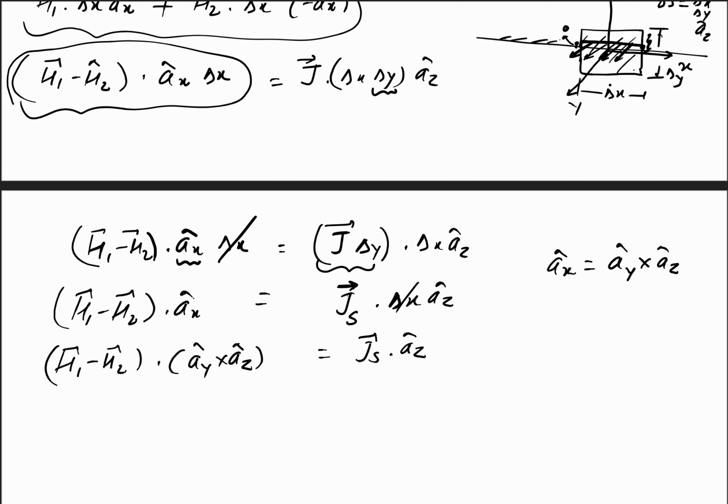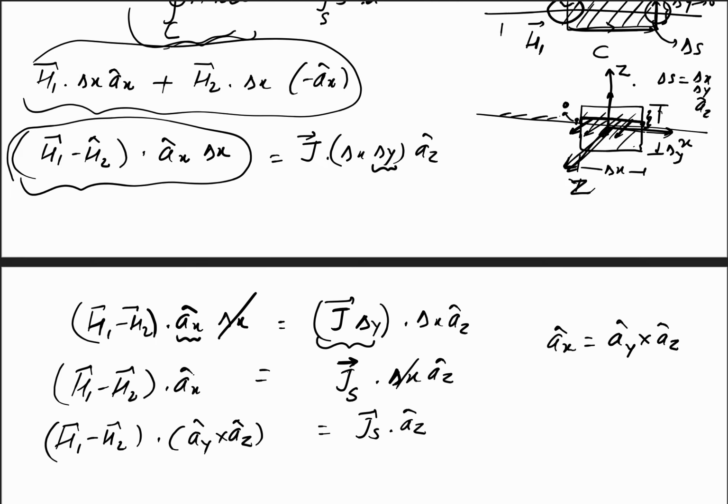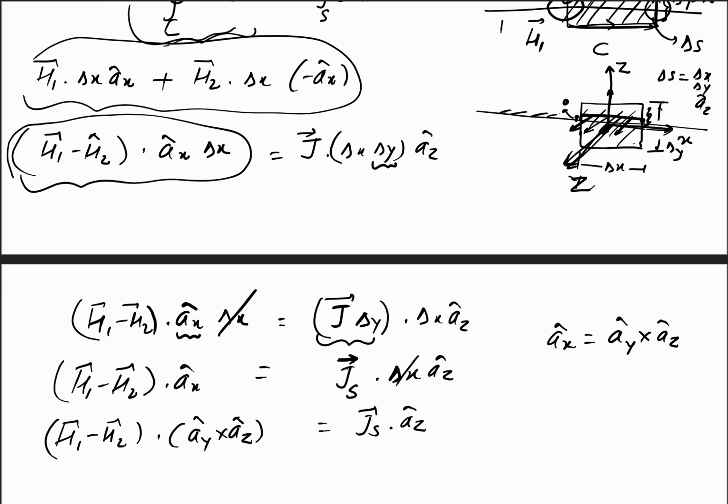Now you see, this is x, this is y, and this is z, or sorry, I think I labeled it incorrectly. So this is x, this is y, and this is z.